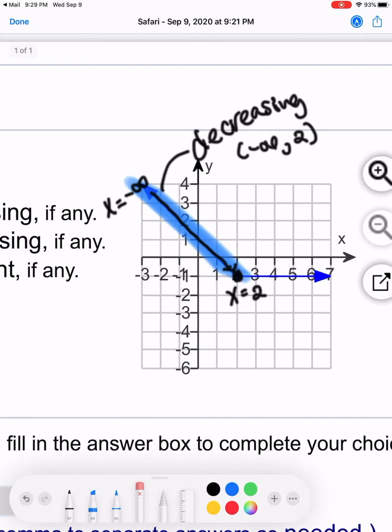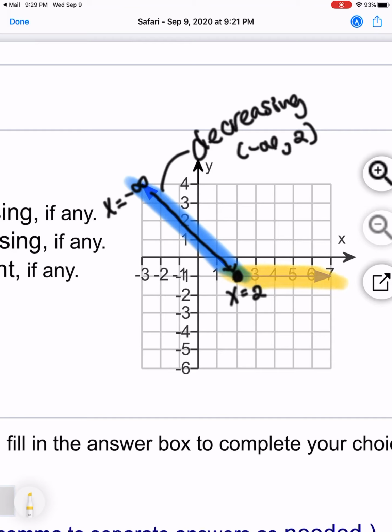As far as constant is concerned, now I'm going to highlight that in yellow. We see right here in this part of the curve that I just highlighted in yellow, the y value stays the same. We have a horizontal line. X changes along here. Starting at 2, we can move to the right, but as we move through these points, the y value is always the same here.